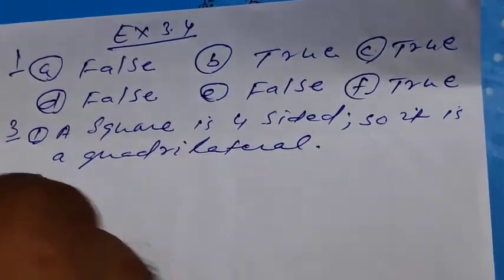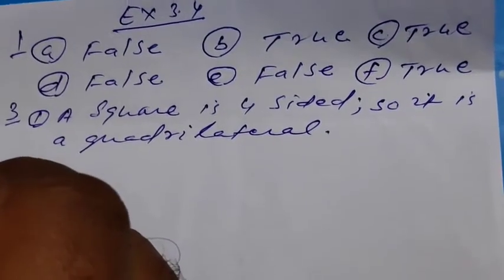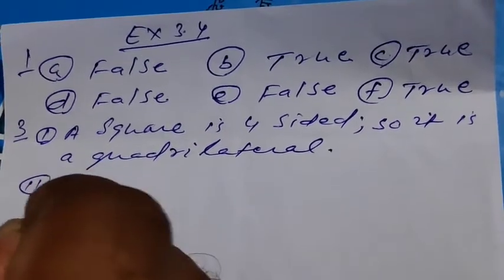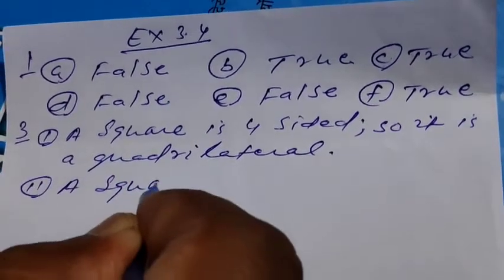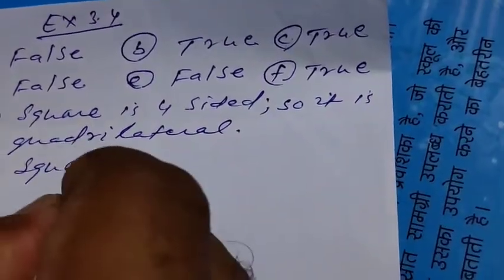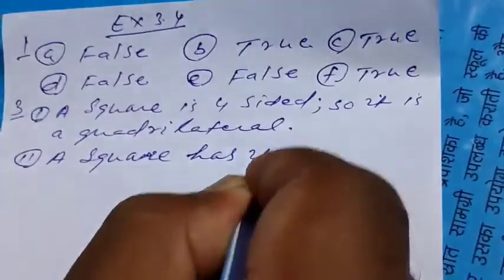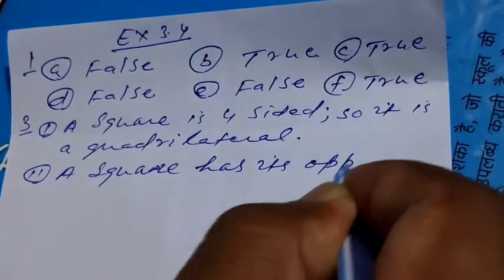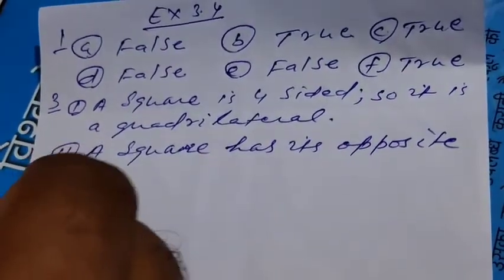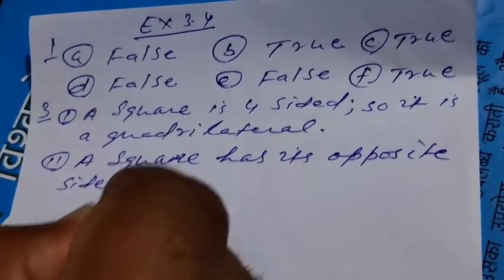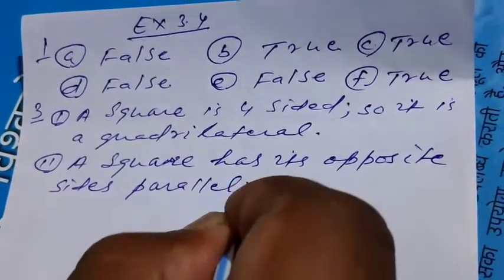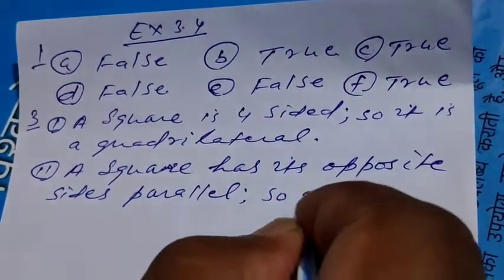Answer of second: a parallelogram. A square has its opposite sides parallel. So it is a parallelogram.